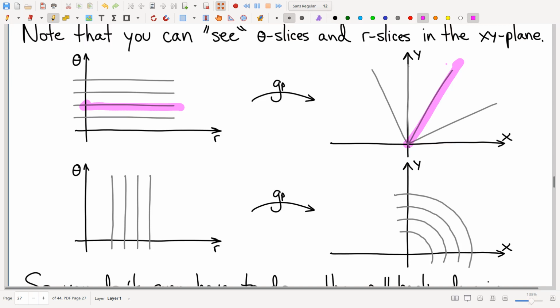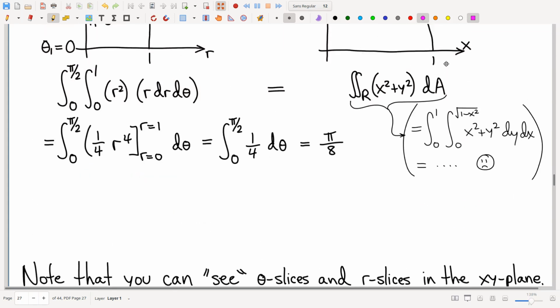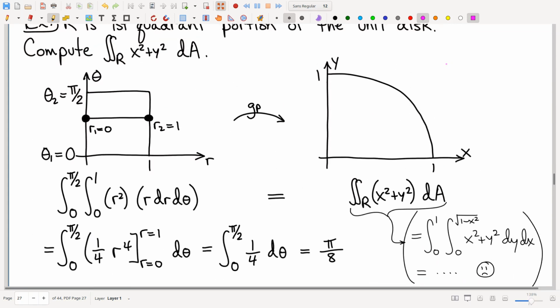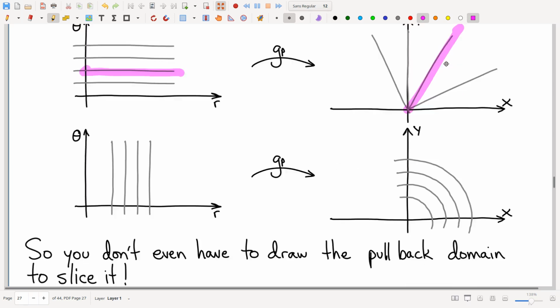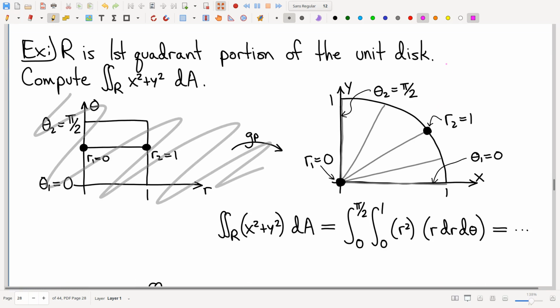But all I need to know about that pullback domain is what are the resulting bounds. The bounds come from just being able to understand the slices. So if I can see the slices in the existing picture that I was given at the start of the problem, I don't even have to draw the pullback domain. Everything I need to see about it, I can see over here already. So let me show you how this plays out then. This is the exact same example.